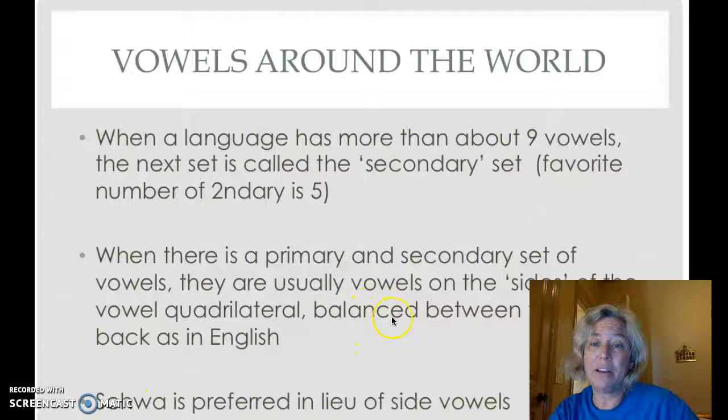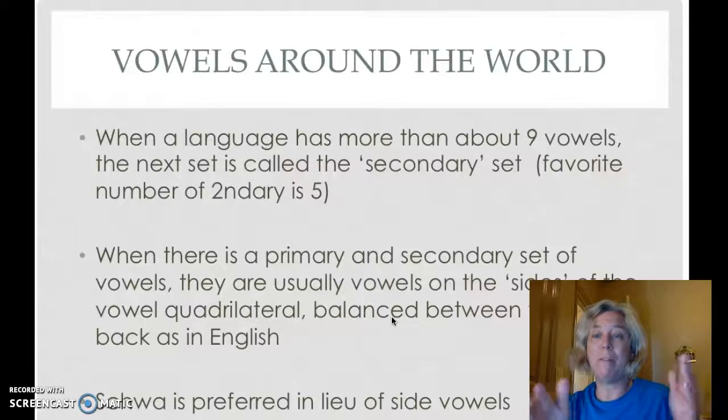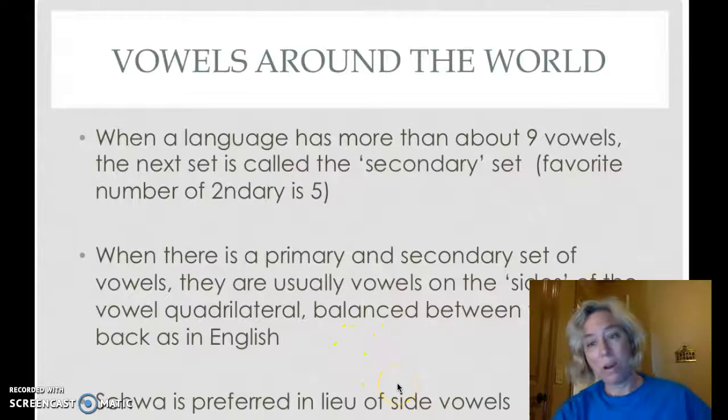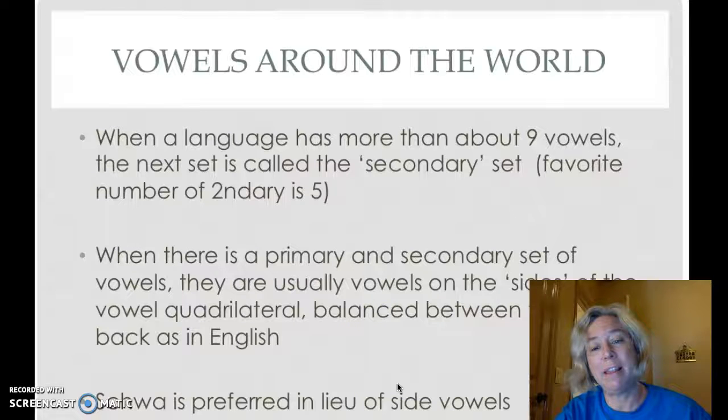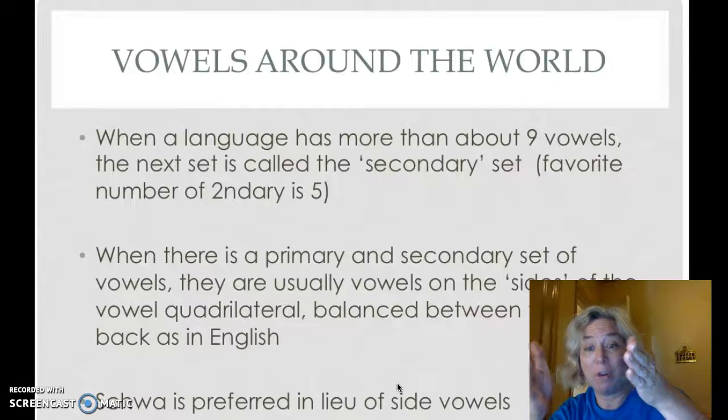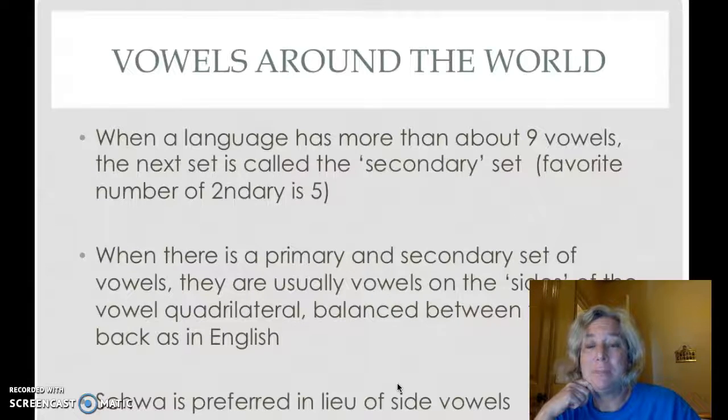And of those secondary vowels, there's kind of a balance between front vowels and back vowels, kind of like we see in English. One interesting thing is that sometimes instead of those vowels that fall on the side of that vowel quadrilateral, the schwa is preferred instead of those side vowels.